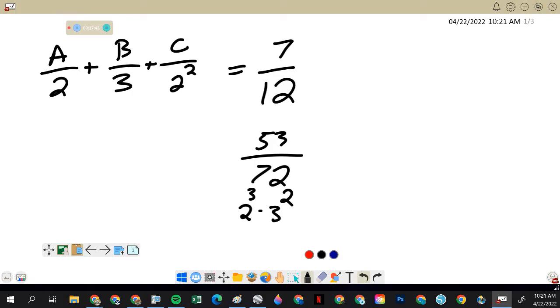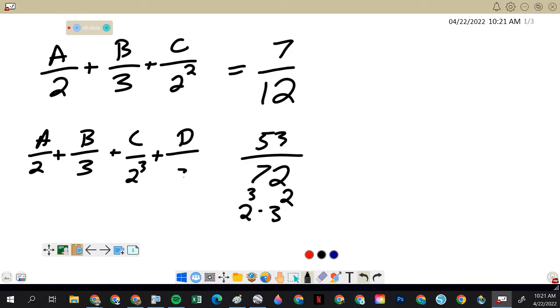Well, I need a 2, so A over 2. I need a 3, so B over 3. And then I need the largest power of 2, so C over 2 to the third. And the largest power of 3, so D over 3 squared. Can you guys remember that?